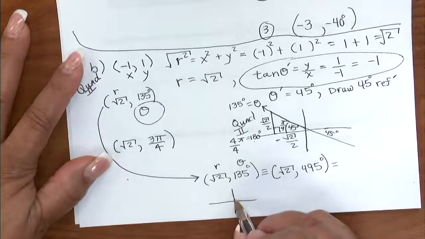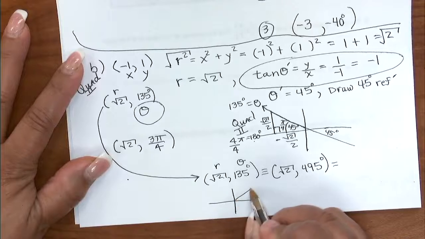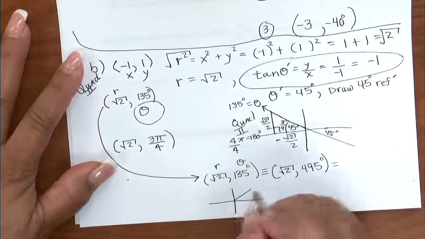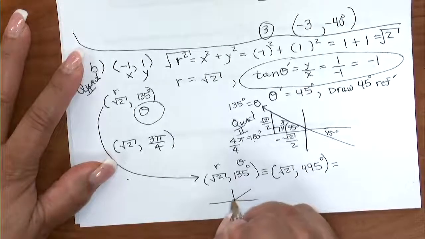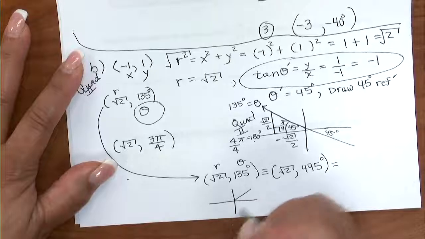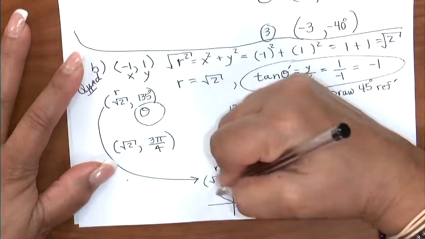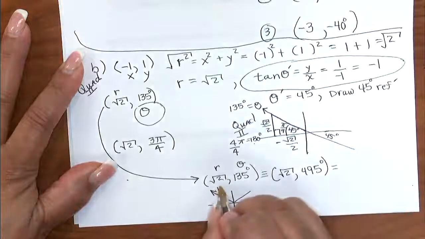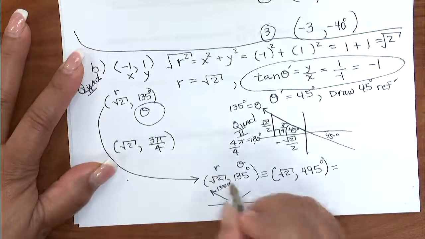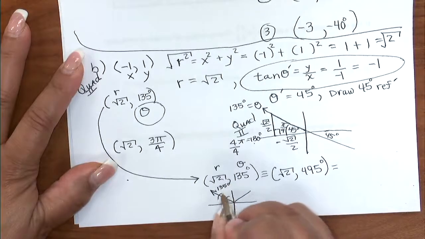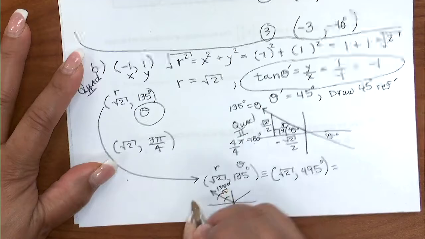All right, so square root of 2, 135. 135 would be over here. I don't know if you want to give yourself a new picture. But anyway, this is where 135 is. And let's just say that's called square root of 2.